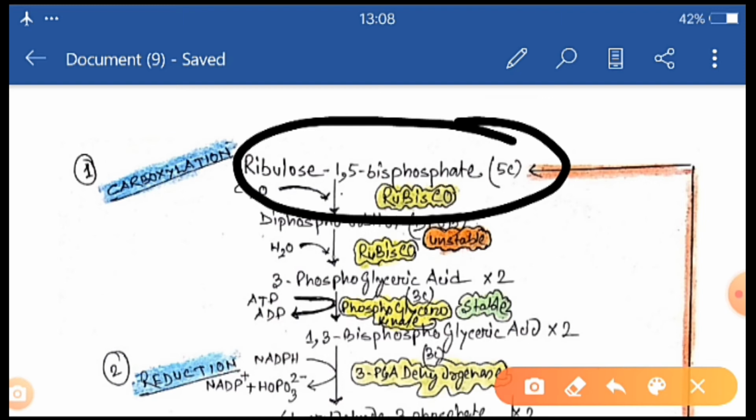That is, ribulose 1,5-bisphosphate or RuBP is regenerated from xylulose 5-phosphate through ribulose 5-phosphate. Clear? Okay.